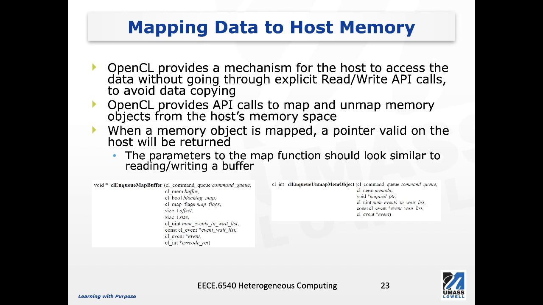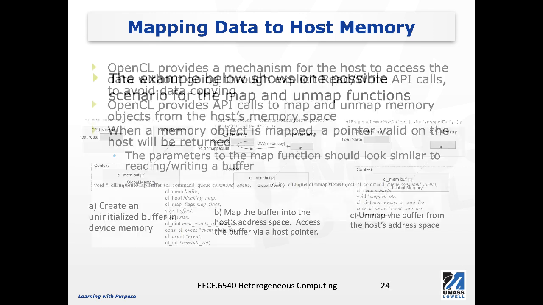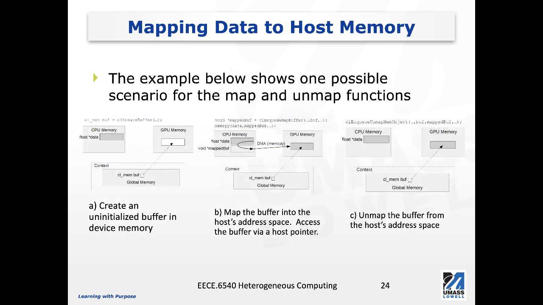And it's similar to the reading and writing to the buffers. Let me show you an example. So first, we use clCreateBuffer to create a buffer memory object on the device side. So this buffer object points to some space on the device memory.